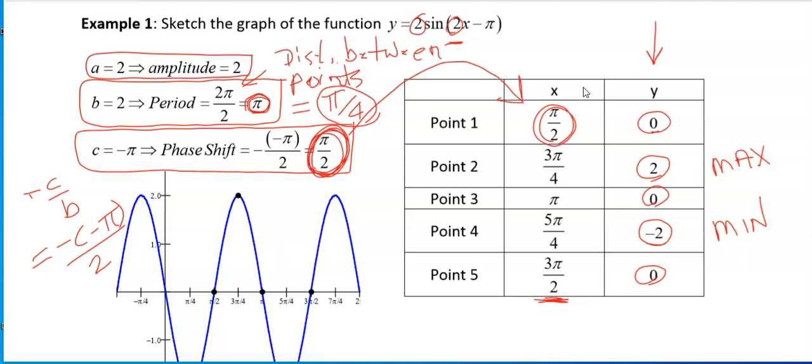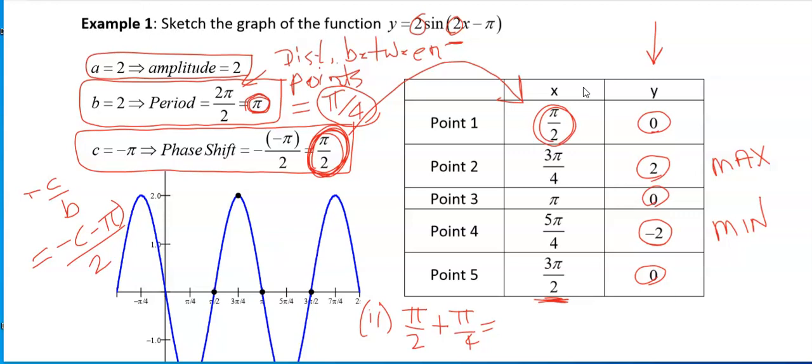So pi over 2, you can even show the calculations if you wanted to. Calculation number 2 for point number 2. The x value is going to be, well, we started at pi over 2. That was the displacement. That's where the first point is. And you add on pi over 4. And guess what that's going to give you? You can do that with your calculators. Most calculators you can type in the pi.